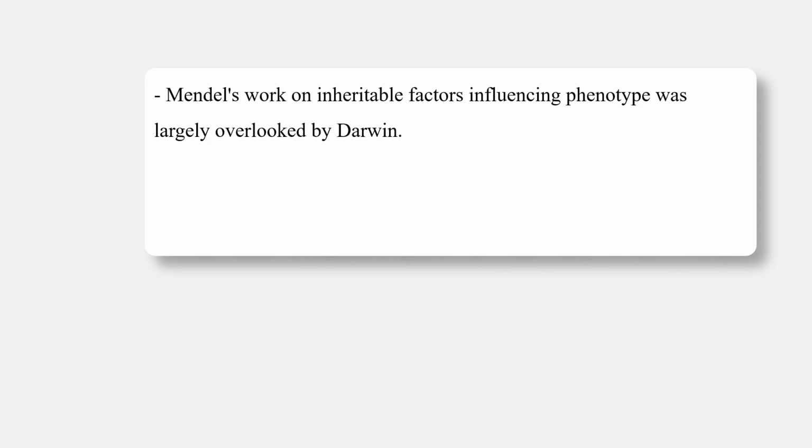At the same time, during Darwin's time, as Darwin was a naturalist, Mendel was also working on garden pea, and he worked from the genetics point of view. He studied several generations of pea plants, how characters pass from one generation to the next, and he used the term factors for what we nowadays call genes.